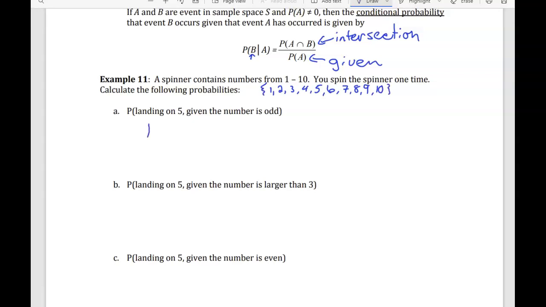Probability of landing on a 5, given it's an odd number. So we know it's an odd number. So we know it's going to be 1, 2, 3, 4, 5. So probability that it's 5 and odd: there's 1 five, and there are 5 odd numbers.